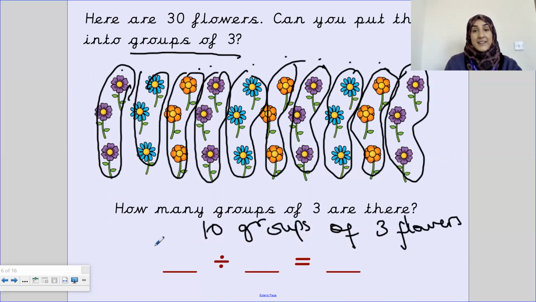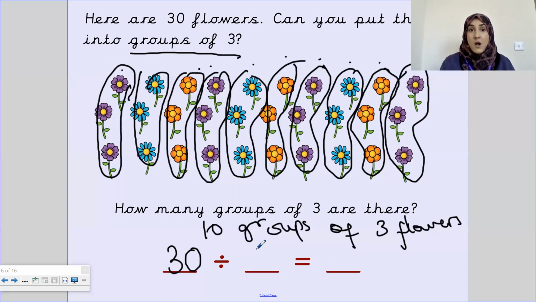Okay, now, can you help me complete my division sentence, please? So this first number here, what does that need to be in a division number sentence? Can you scream it to your screen? Well done, the total amount. What is the total amount of flowers? Well done, 30. 30 flowers divided into how many groups, please? The second number is always the amount of groups. How many groups were there?